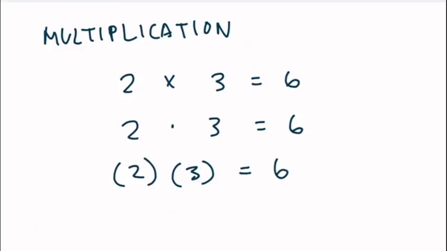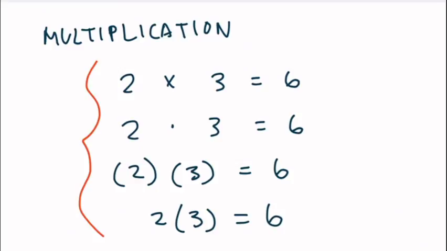You can also use parentheses like this. Just make sure you know that these all mean the same thing. And just a little disclaimer, when you're using the dot like this, make sure it is not too far down so that it's not mistaken as a decimal point.